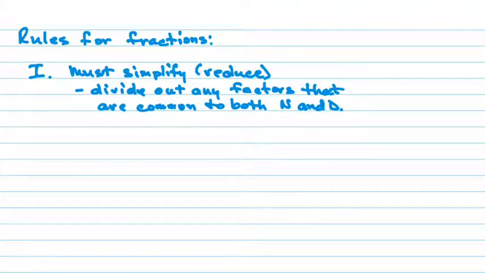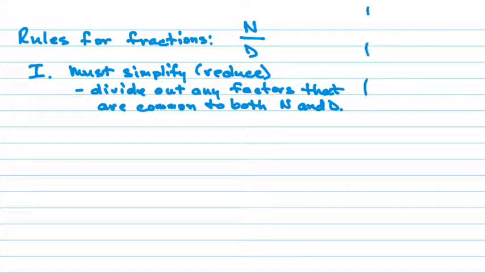Remember, the top number is the numerator and the bottom number is the denominator. I always abbreviate those. I'll never spell that out anymore, but I'll never use capital N or capital D for anything else. Numerator is capital N, denominator is capital D.